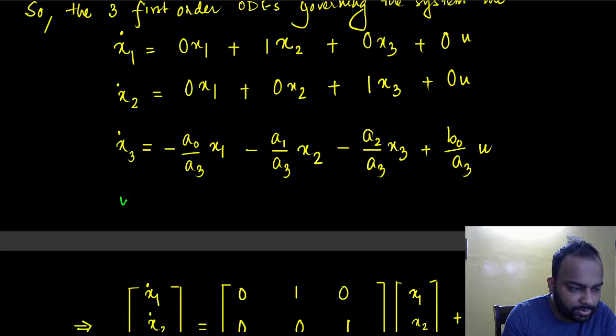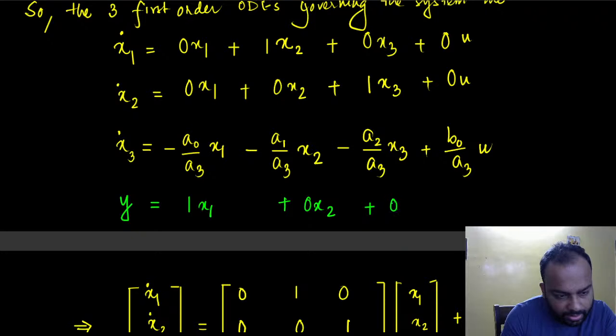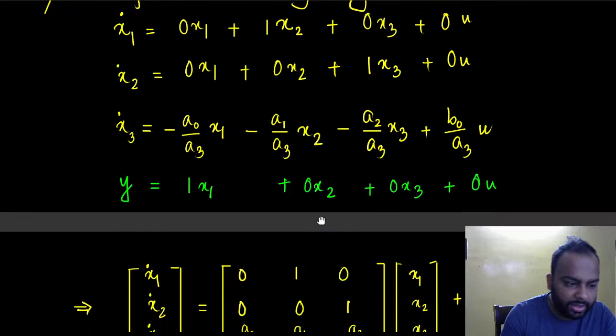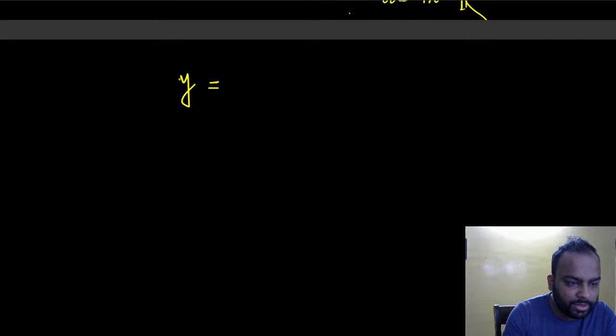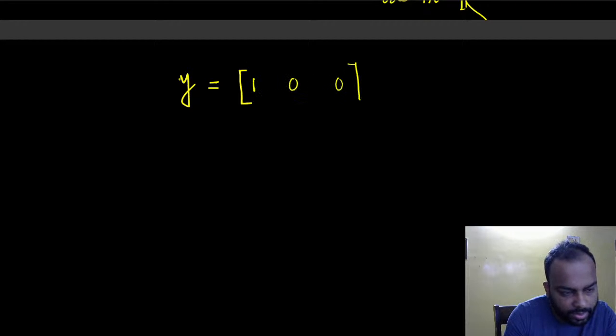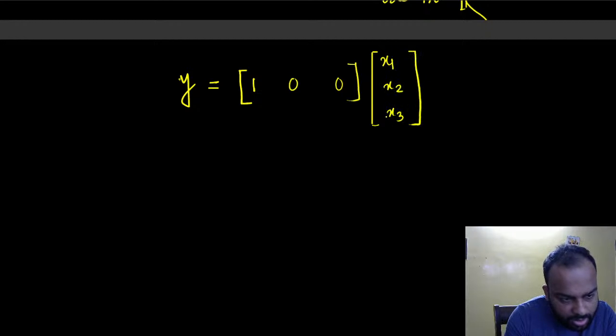The output would be 1x1 plus 0x2 plus 0x3 plus 0u. If I write that in matrix form, this would be y equal to [1 0 0] times [x1 x2 x3] plus 0u.